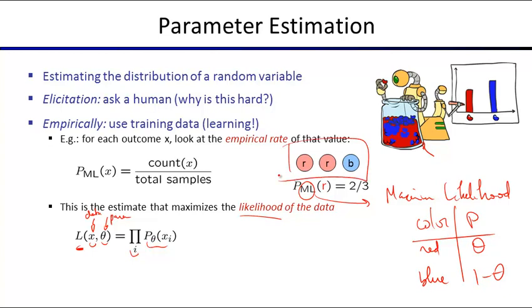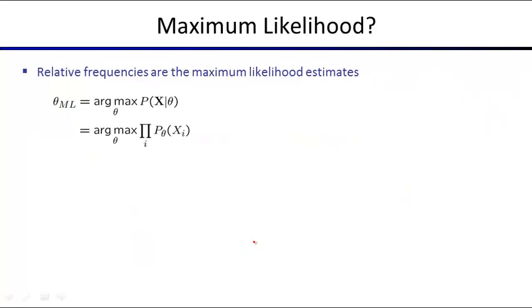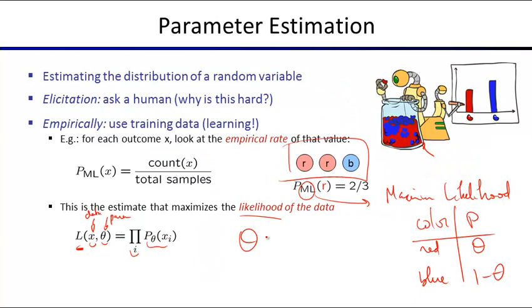Well, the first one is red, has a probability of theta. Second one is red, has a probability of theta. Multiply it together. The last one is blue, probability of 1 minus theta. So the likelihood of that particular data set with a parameter theta is equal to this.